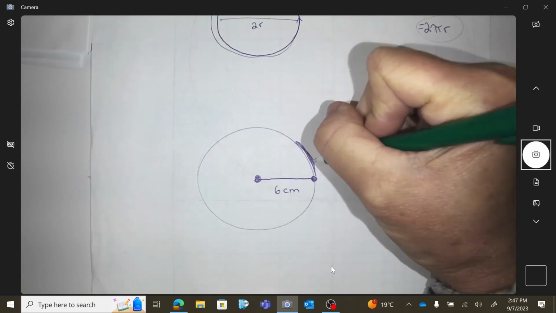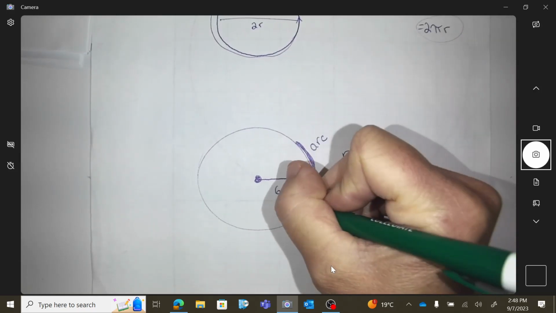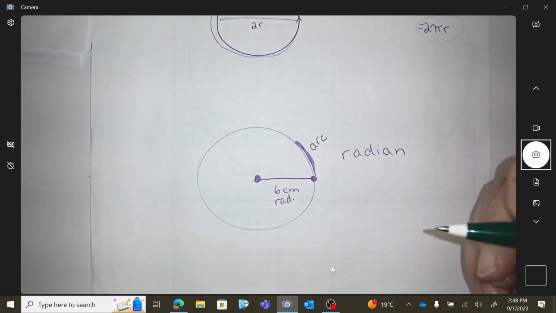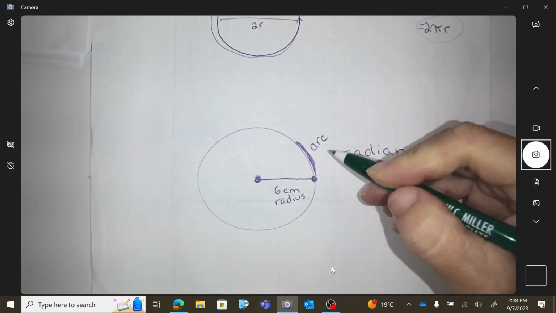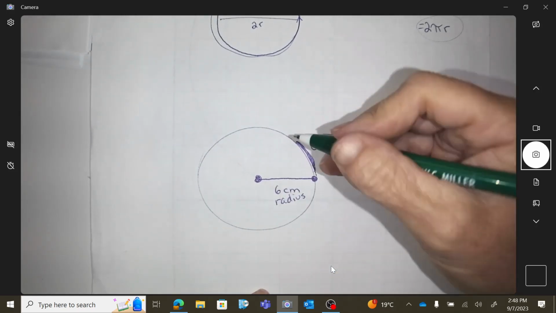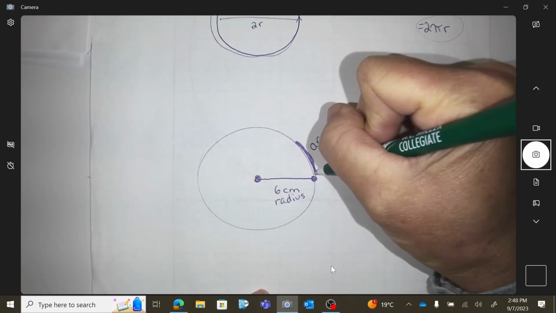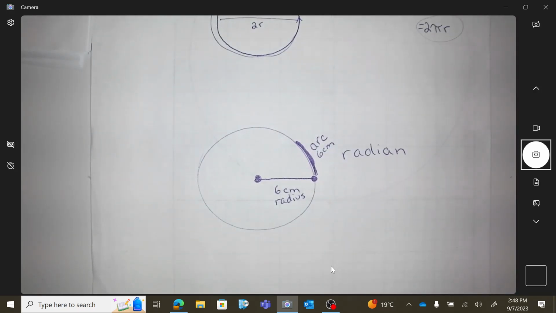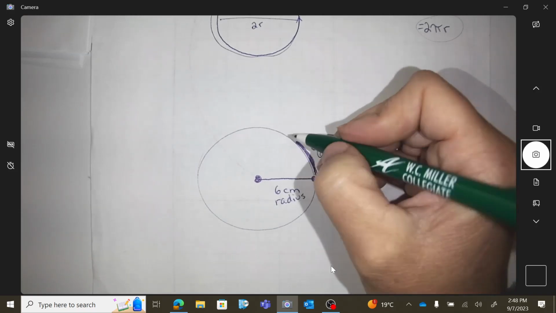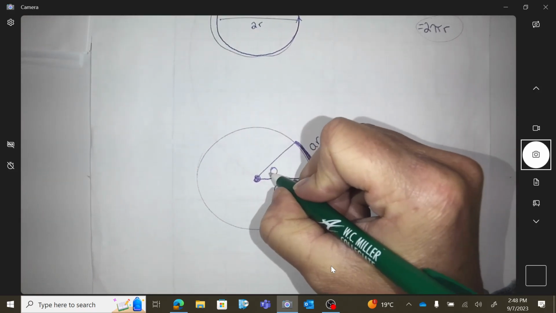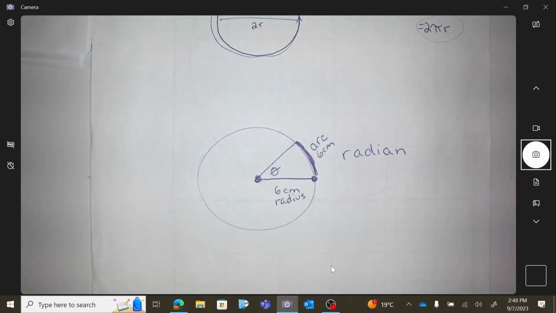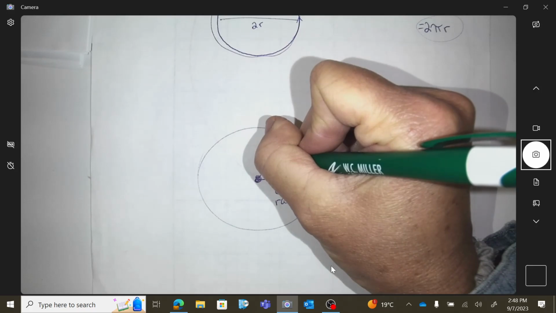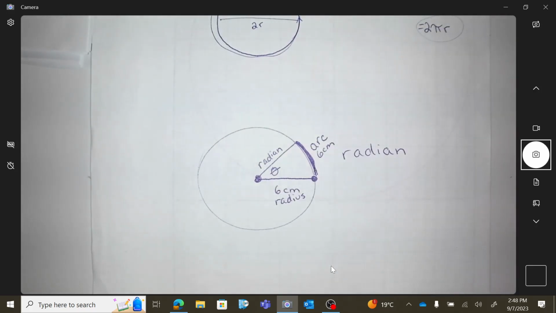This is called an arc. As soon as the arc has traveled 6 centimeters, as soon as the arc length has traveled 6 centimeters, this angle is called 1 radian. It's a little tricky.